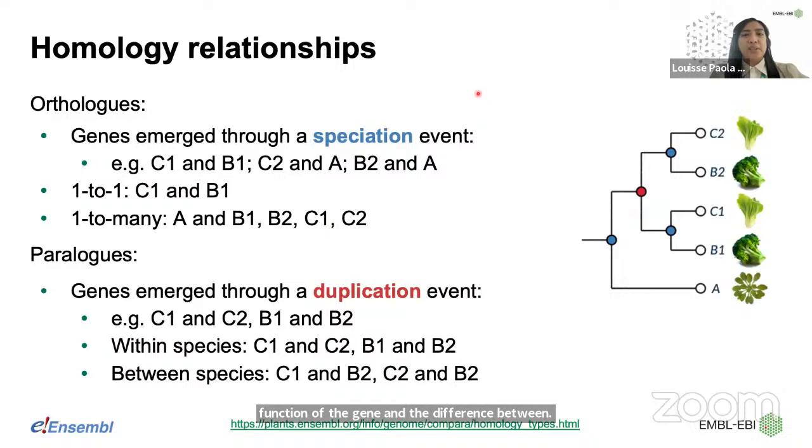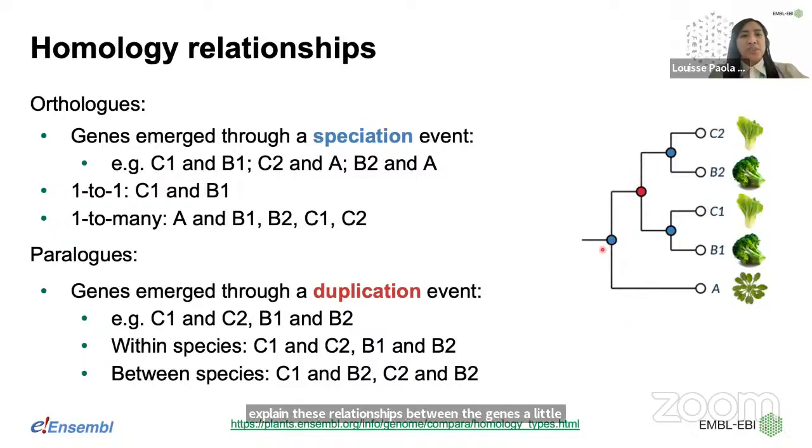So in Ensembl, there are two main types of homologous relationships that you can find information on, and these are orthologs and paralogs. Here on my slide on the right, we have a simplified phylogenetic tree, or phylogeny, as we call it, to explain these relationships between the genes a little better.